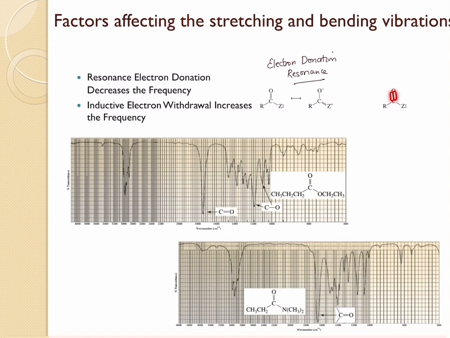Because it is strengthening this carbon-oxygen double bond, it's definitely going to stretch at a higher frequency. So inductive electron withdrawal is going to increase the frequency because it increases the bond order slightly. So while the inductive electron withdrawal is going to increase the carbon-oxygen double bond stretching frequency, the electron donation is going to decrease the carbon-oxygen stretching frequency.